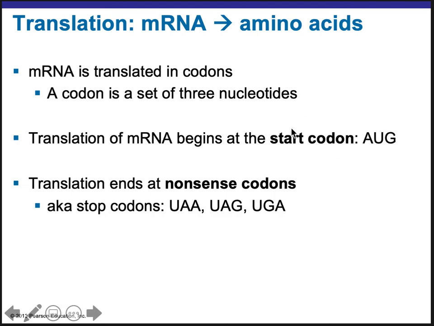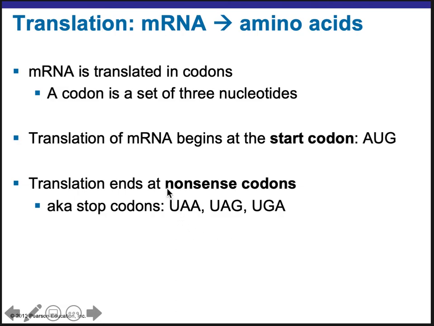start codon. Now at the end, translation ends when a nonsense codon is reached, and the nonsense codons are the stop codons, and there are 3 of them: UAA, UAG, UGA.